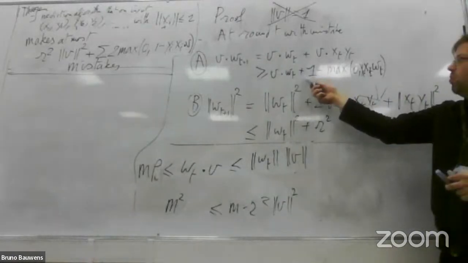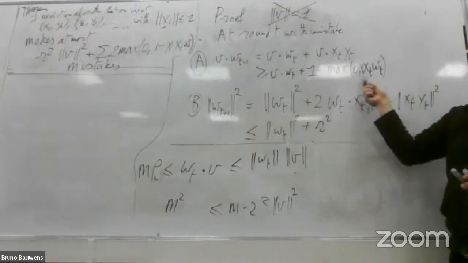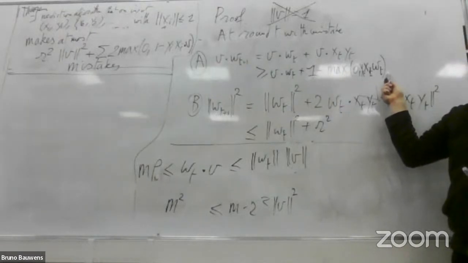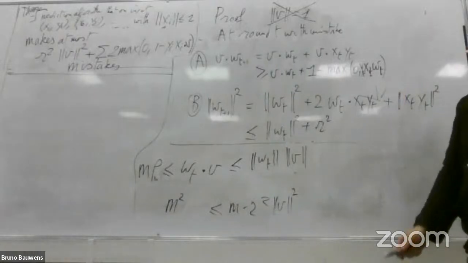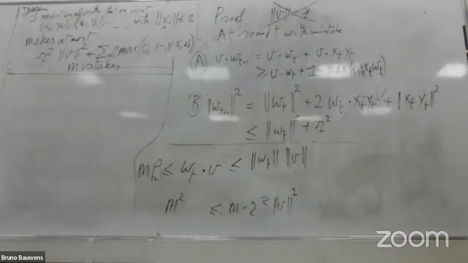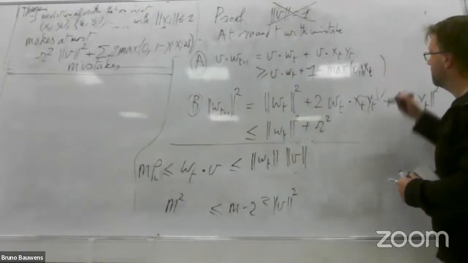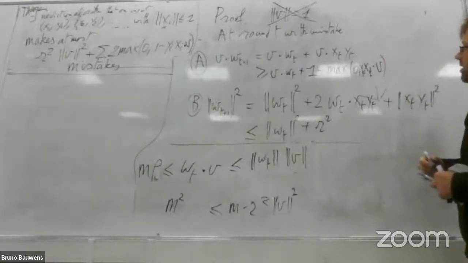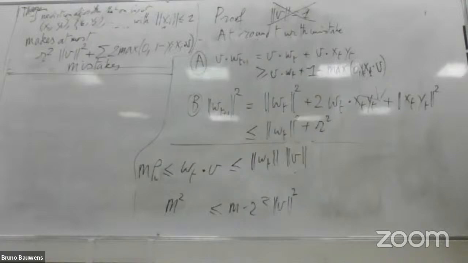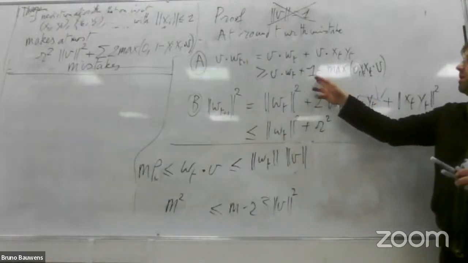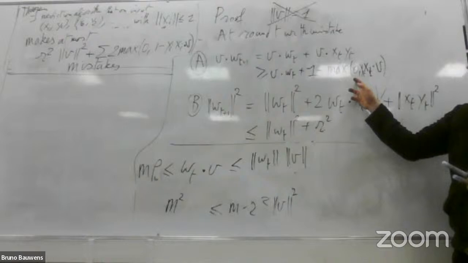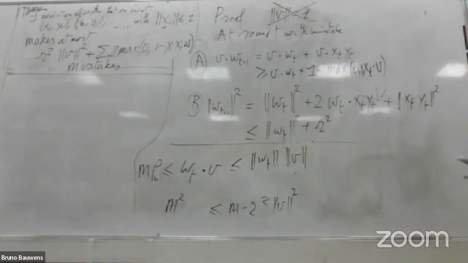So instead of adding 1, I add 1 minus the margin error. So that should be trivially true. So here I'm using, okay, but sorry, here should be a V. Okay. And so this inequality, something is wrong here.